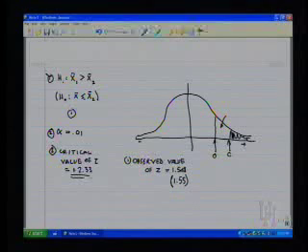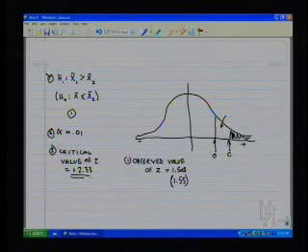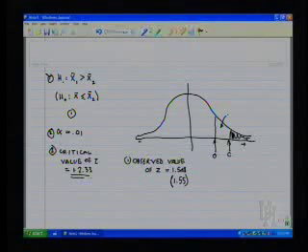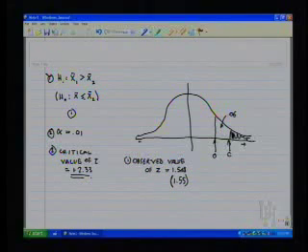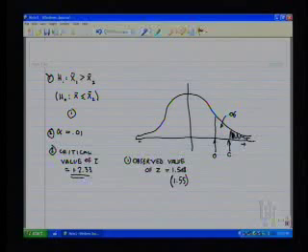So we'll go down to 1.55. It says area beyond Z, 6.06%, which in proportion terms is the equivalent of 0.0606.